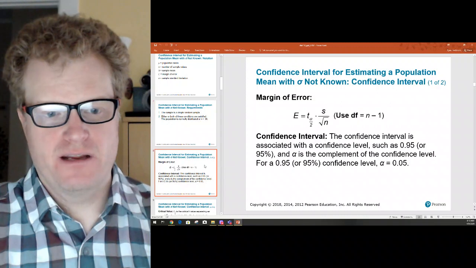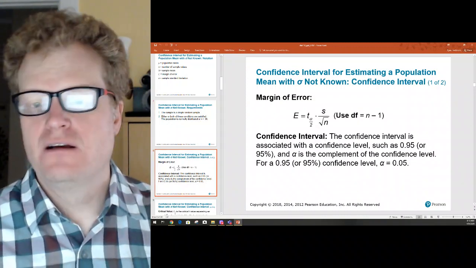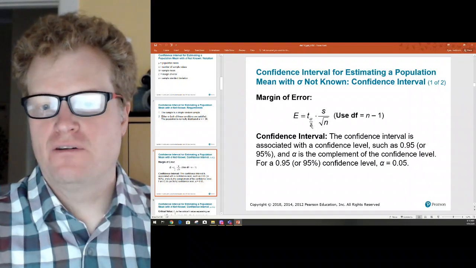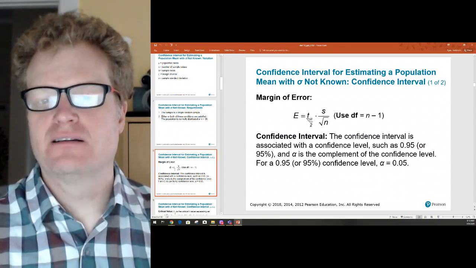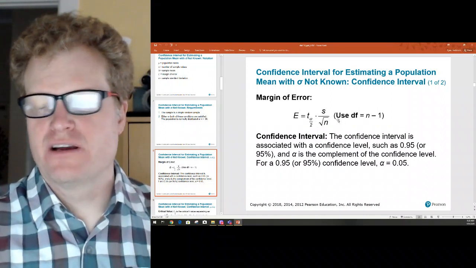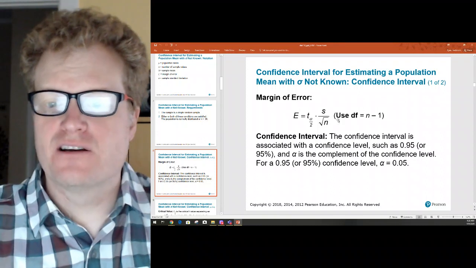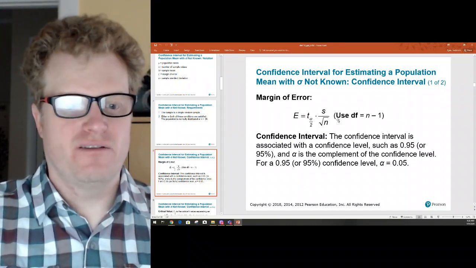So now here's how we construct a margin of error. We have this t alpha over 2. So we're not using z-scores anymore. We're using something called t-scores. And then we also have this concept called the degrees of freedom. For us, our degrees of freedom are going to be one less than the size of our sample.